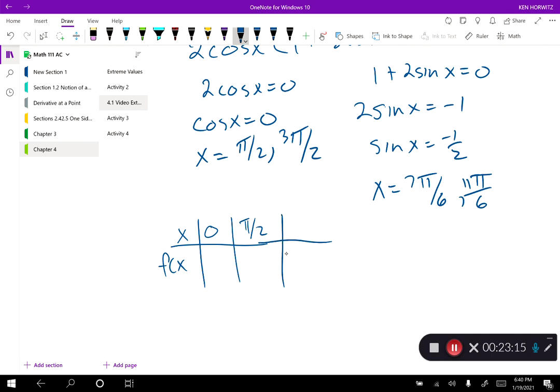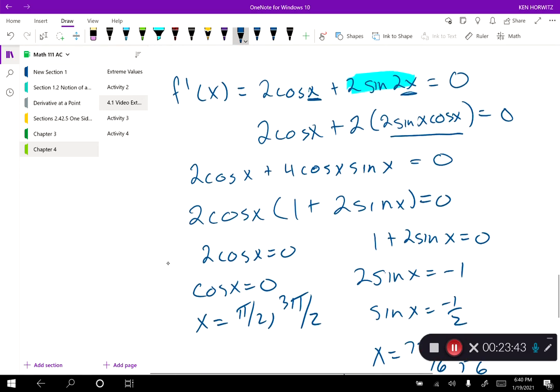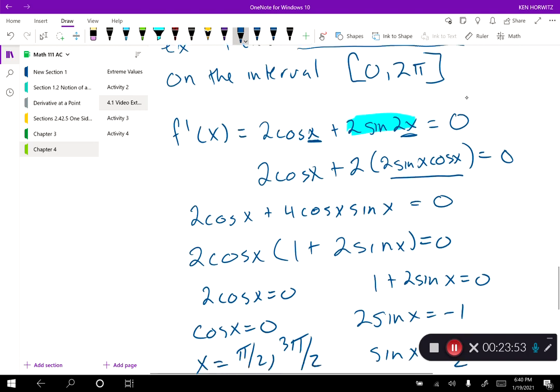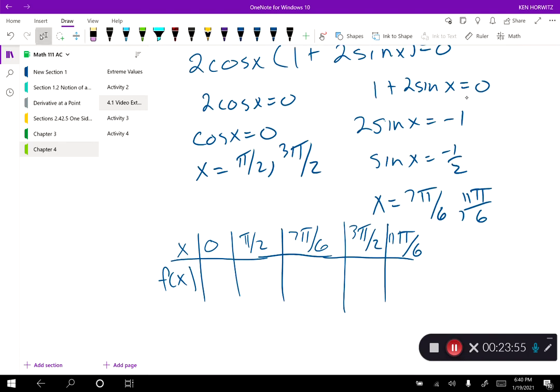Pi over 2, then 7 pi over 6, 3 pi over 2, 11 pi over 6. And why don't you pause the video now and work on the f of x from the original function. Remember, the original function was up here, right? 2 sine x minus cosine 2x. So you're going to run each one of the x's through that original function, and we'll talk about the answer on the back end.